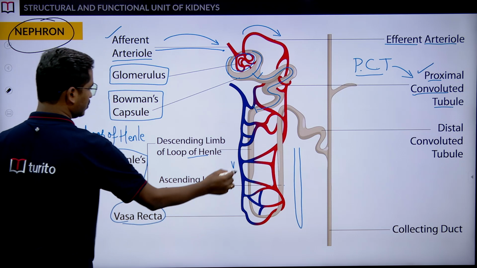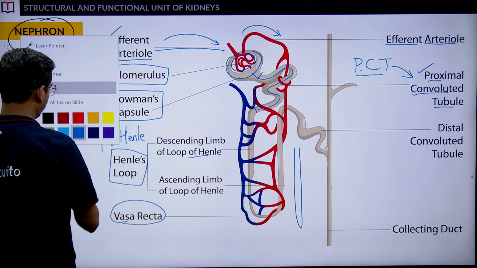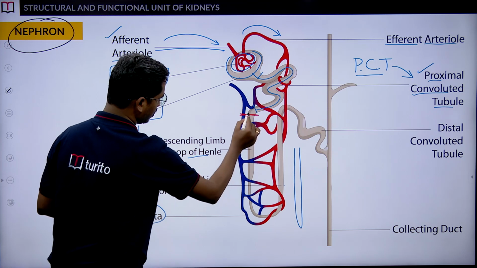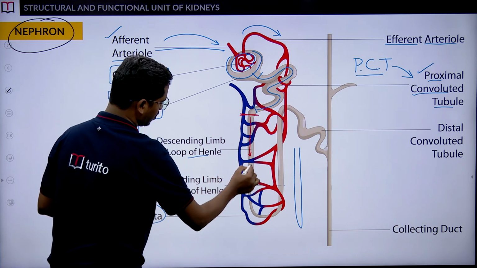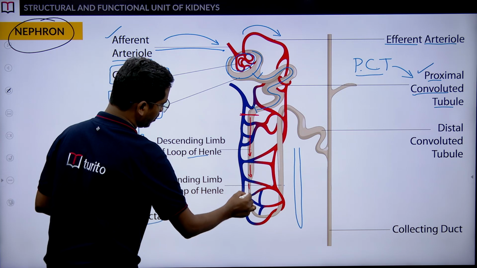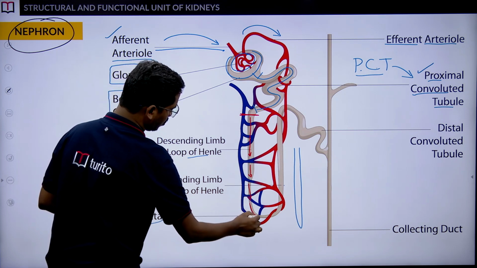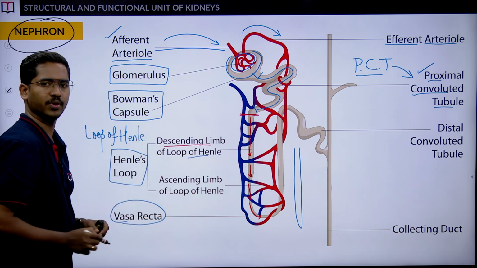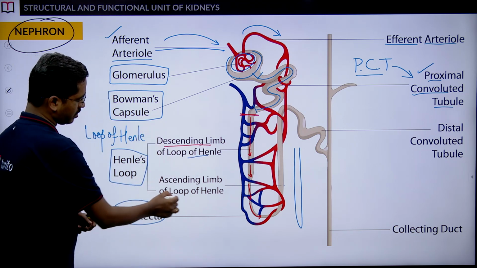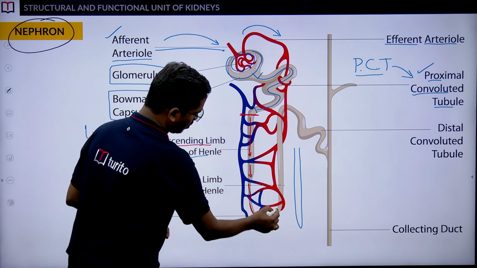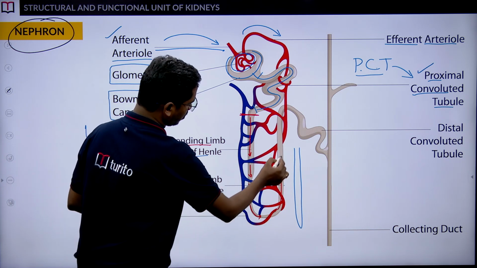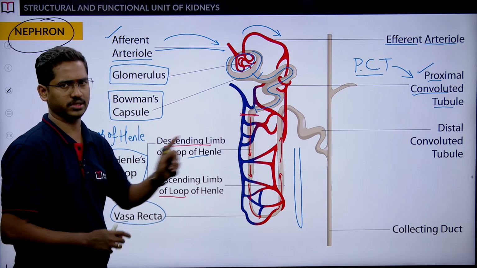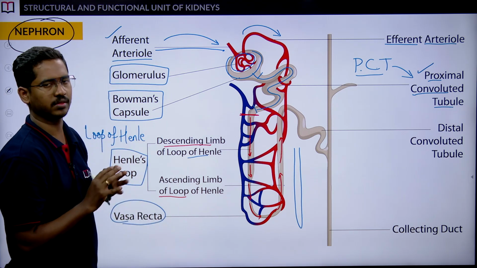Inside this part, the substance or the fluid would move in this direction, so it is the descending limb. The other one is the ascending limb of the loop of Henle. The substance inside the tube would pass in this direction. I am just showing you that, nothing else.